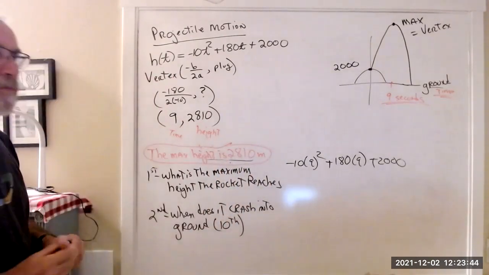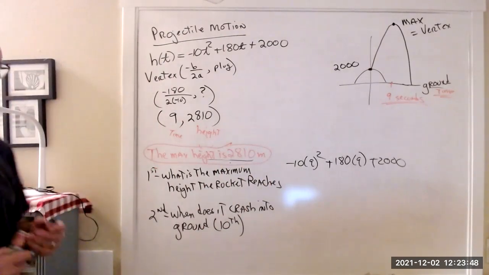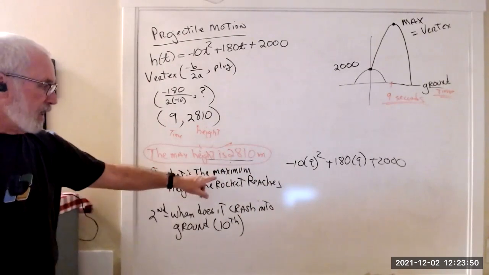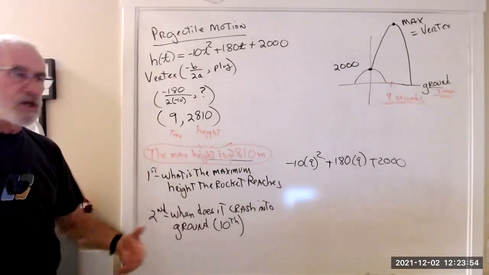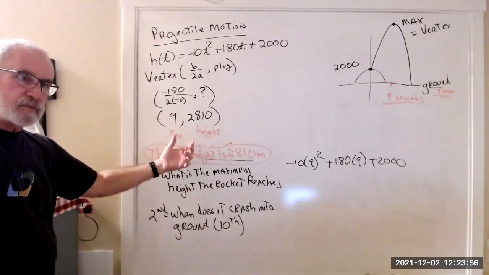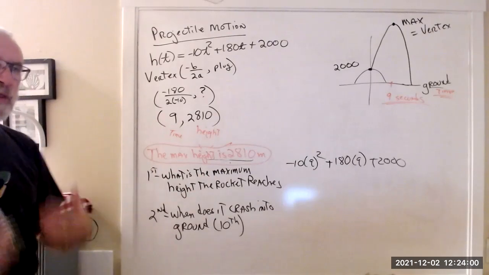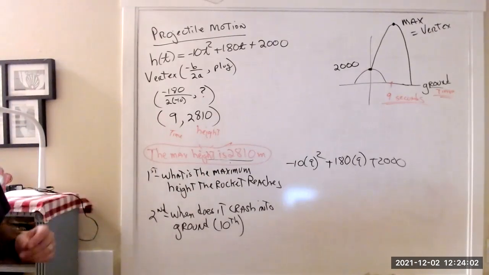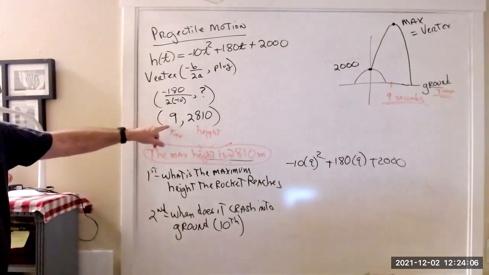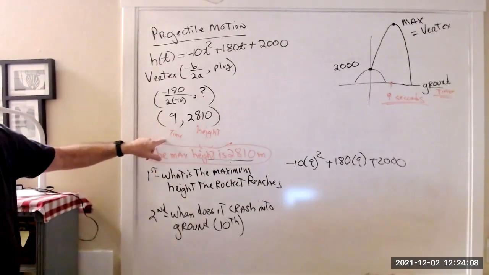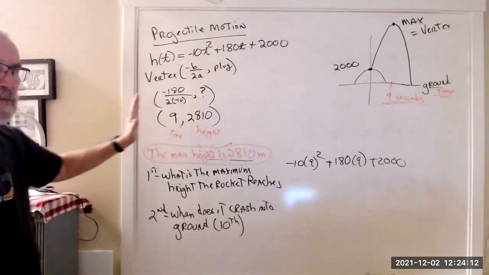Okay, so on the surface, no pun intended, this is an easy problem. The word maximum implies vertex. So you find the vertex, but you can't just quit there. You got to think in this problem, what does the vertex mean? The first number is what we think of as x, but in this context, x is time.